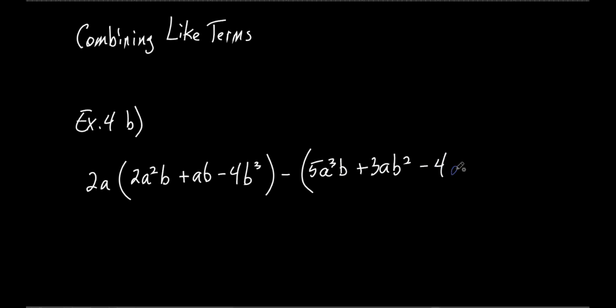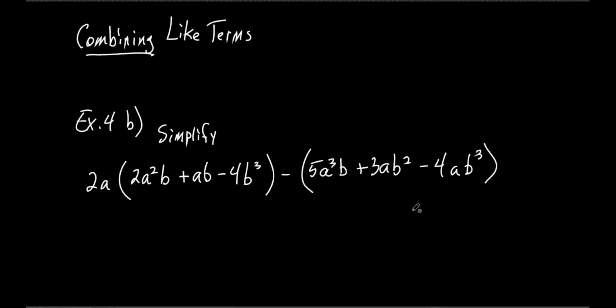We're almost done writing down the problem. There we go. All right. So some books might say simplify, some may say add or combine like terms. So that's basically what we're doing. We're combining like terms. We're just simplifying it.